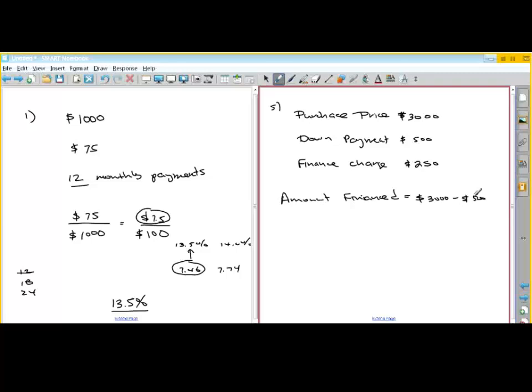So that leaves us with $2,500. Then you have the finance charge, which is $250. And you add those together and you get $2,750.